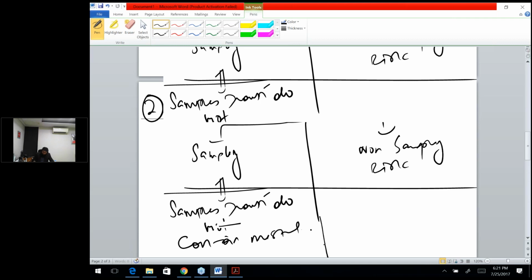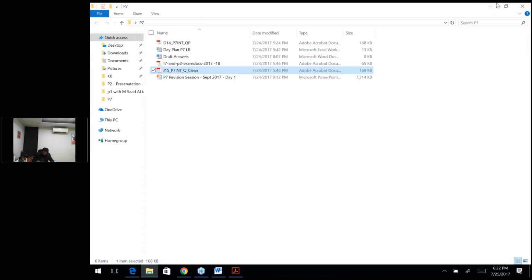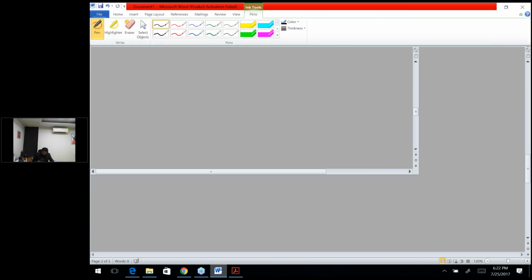And the second one of them is a non-sampling risk. And what exactly is the non-sampling risk? The non-sampling risk is basically you have drawn the sample, and that sample does include the misstated transactions also.